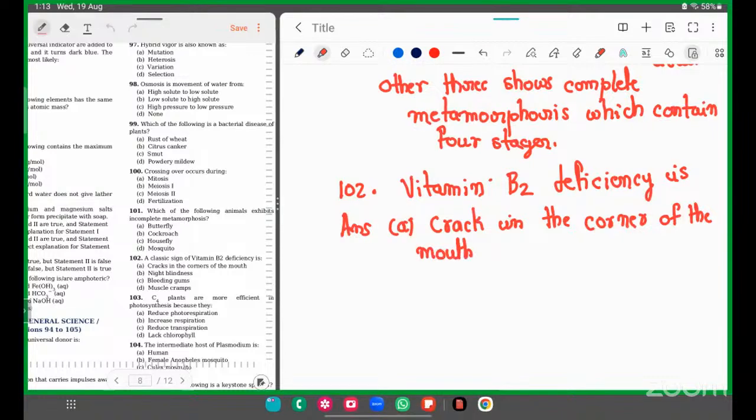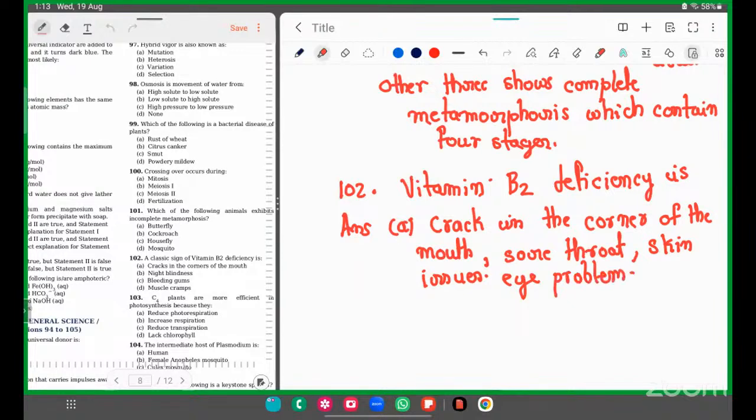Other things which show up are sore throat, skin issues like itchy dry skin, and eye problems. Actually, eye problems will be very rare because of vitamin B2.